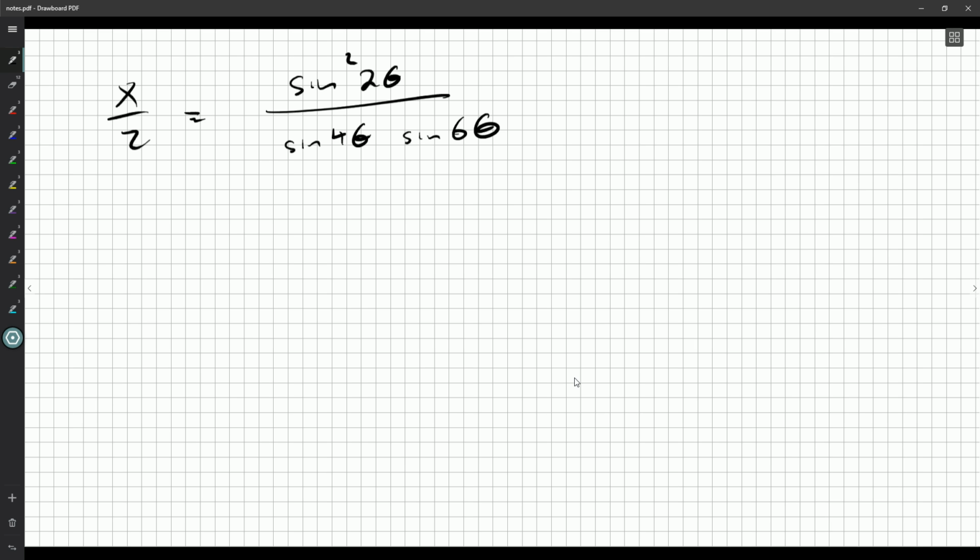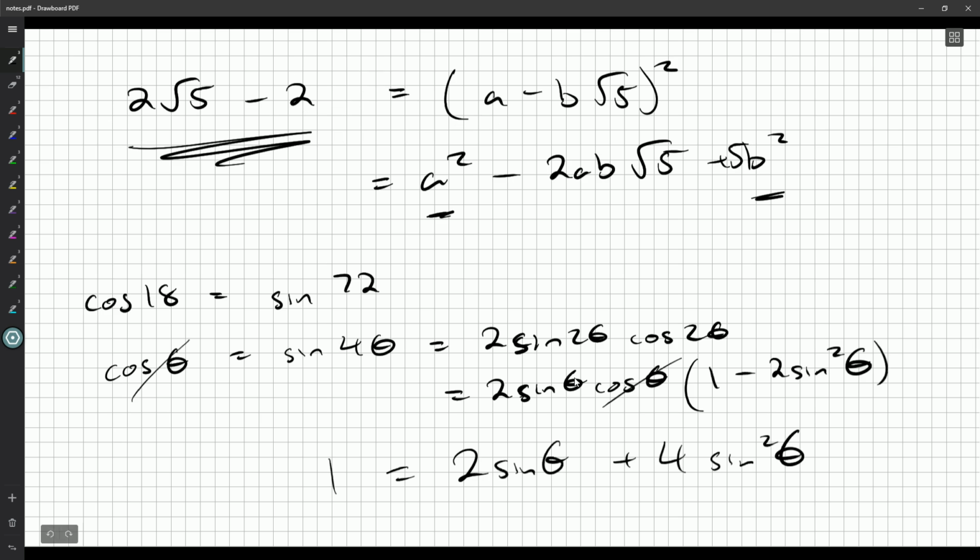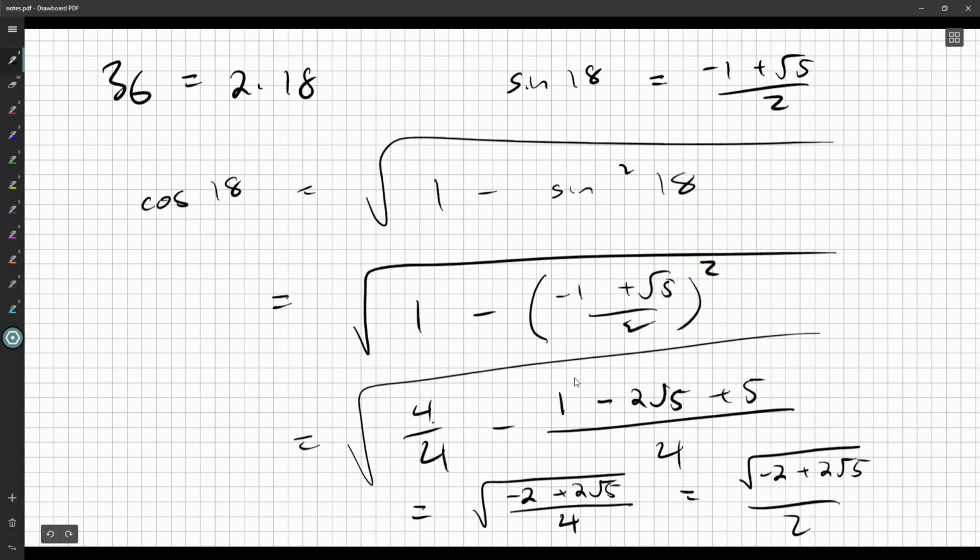Is there something we could do to maybe expand these out and cancel some values so that things, I don't know, work out, I guess? So that would be particularly helpful. That's something to consider.